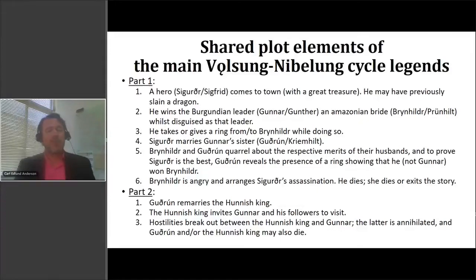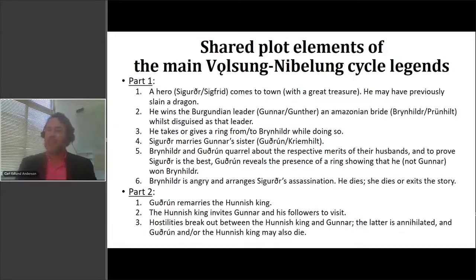For whatever reason, Sigurd then gives her, or alternatively tells her about, the ring he either gave to or took from Brynhilde while disguised as Gunnar. You can see this is getting worse and worse. Gudrun and Brynhilde then quarrel over the relative merits of their respective husbands. Gudrun's ace up her sleeve is that she has or knows about the ring that Sigurd got or gave to Brynhilde.